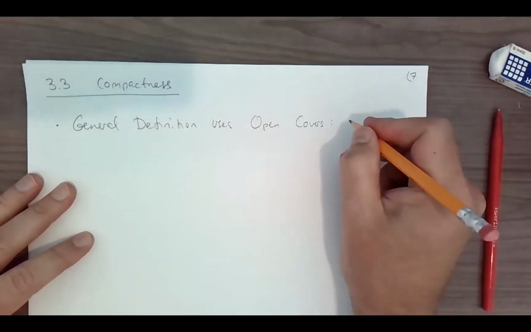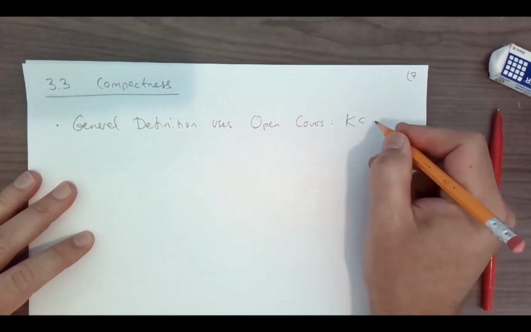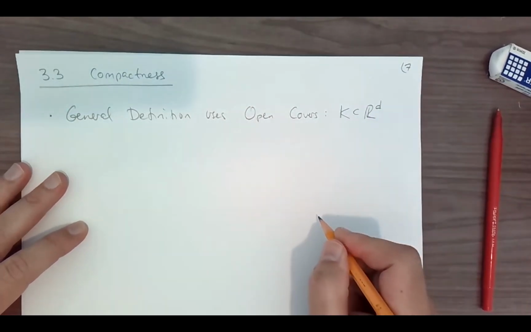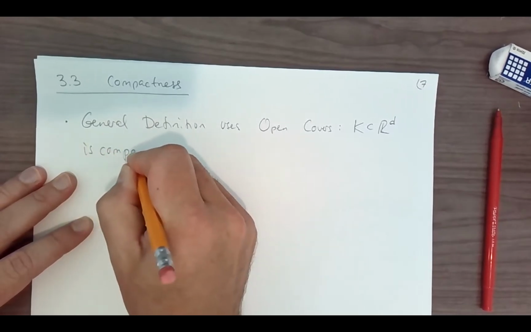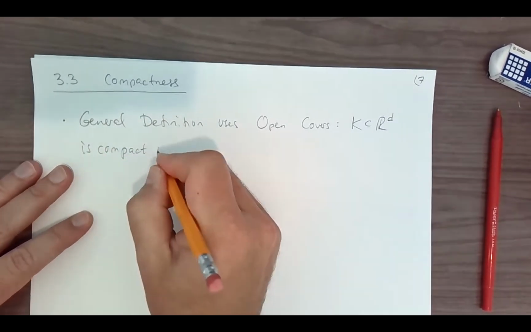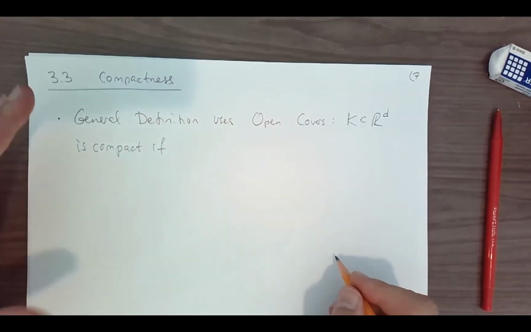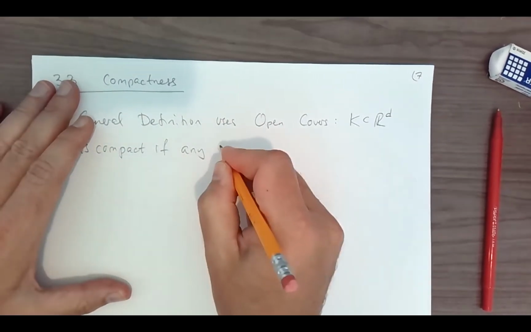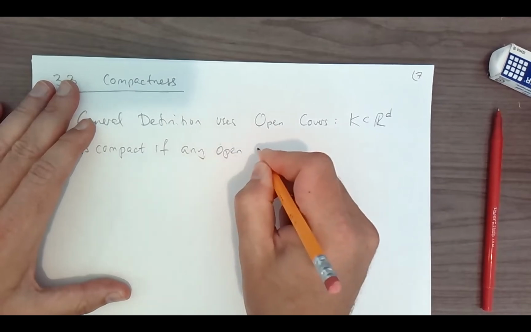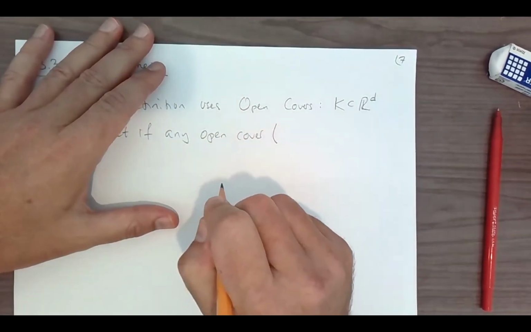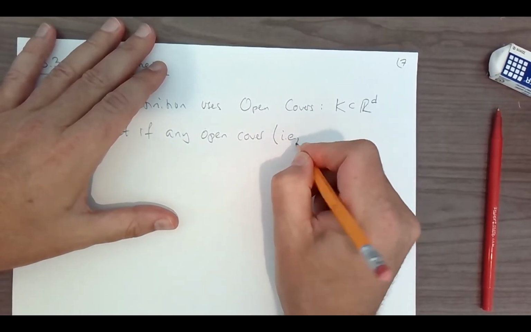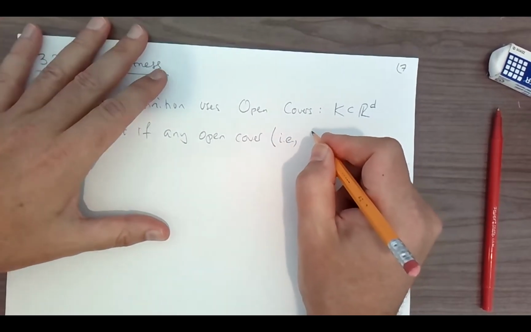Okay, so here we say that K inside R^d is compact if any open cover. So what is an open cover? I want to write here in parentheses, i.e., this is a collection.